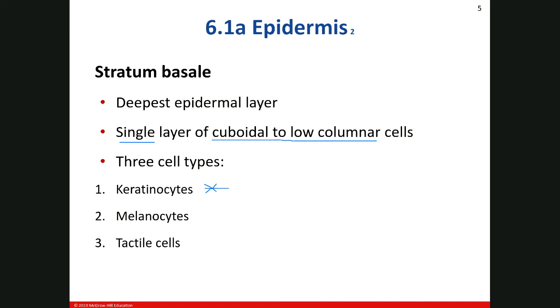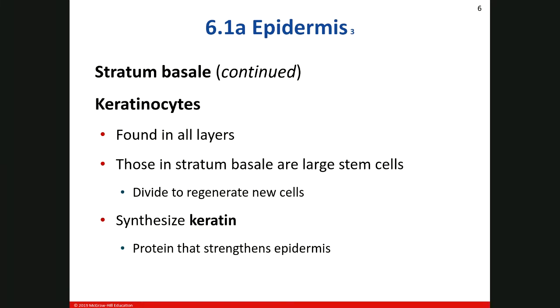All right, so let's talk about the first type, keratinocytes. You'll find these cells in all layers of the epidermis. What will happen is that a keratinocyte in this layer will divide. One cell stays, and the other cell migrates to the next layer. So you'll always have one cell that stays, and the other cell will then move to the superficial surface.